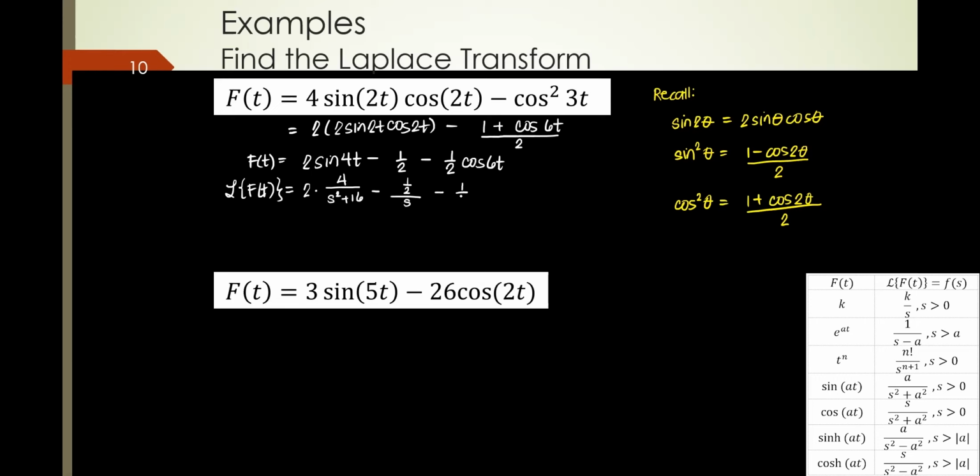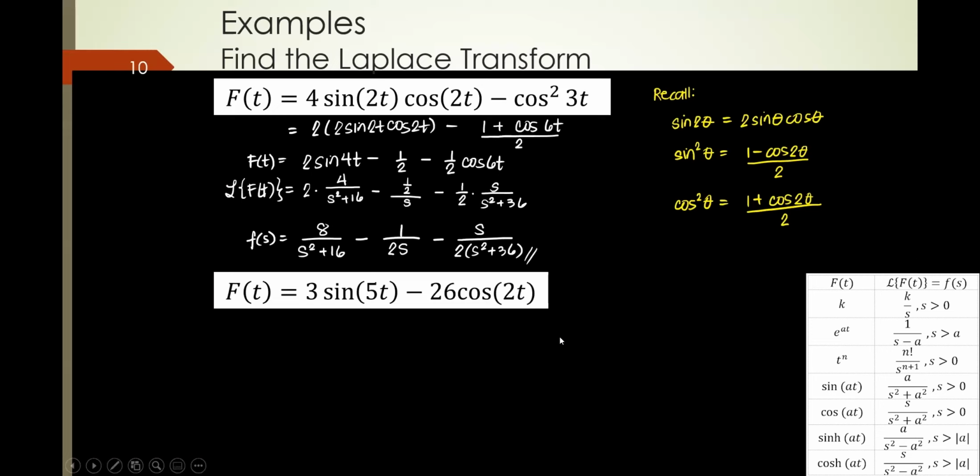Minus, I don't need the 1/2. What's for cosine? S squared plus 36. Therefore, I can see that my f of s is simply 8 over s squared plus 16 minus 1 over 2s minus s over 2 quantity s squared plus 36. That is your Laplace.